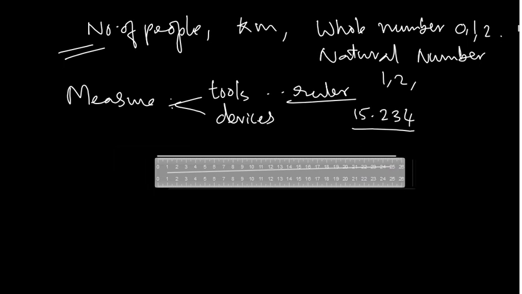I reduce this and draw another line, starting from here and going up to 15.2, where I stop. How do I get the 234 into that?